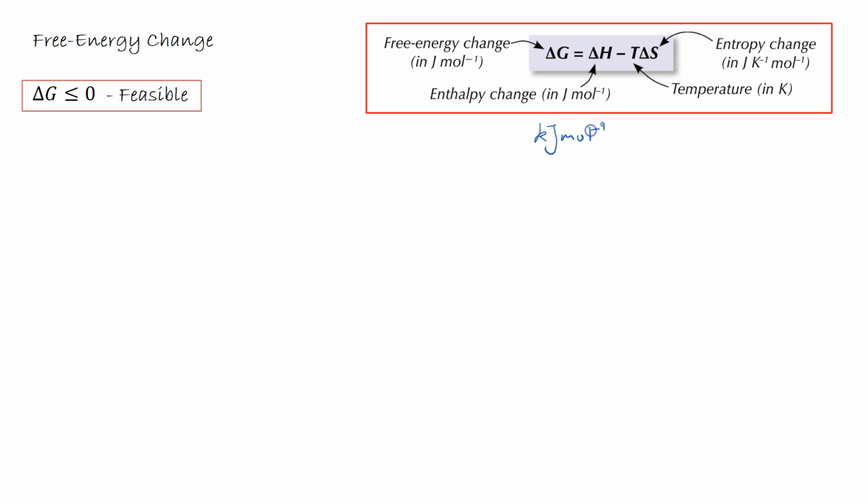Therefore, when we're doing these calculations, we need to convert them to joules per mole by multiplying by a factor of 1000. And also our temperature here is in Kelvin. Often we're given temperatures in degrees Celsius, and therefore if we ever have to do any conversions here, we have to add 273 to our degrees Celsius value in order to get it into Kelvin.